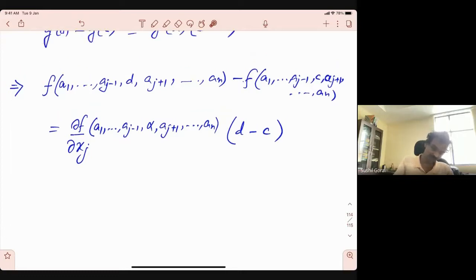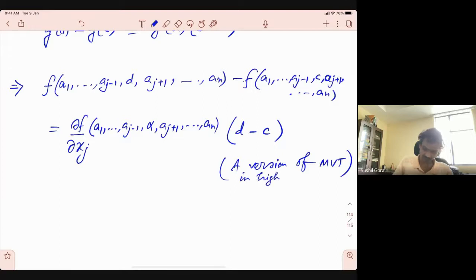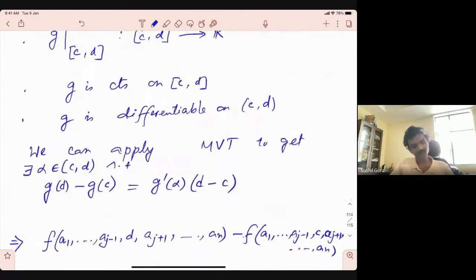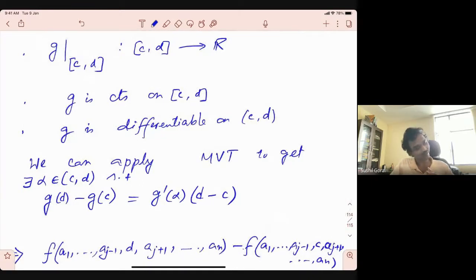So you can think of this as a version of the mean value theorem in higher dimension. With respect to one single variable, Rolle's theorem or whatever theorems you have proved there are valid. Whatever you've learned in real analysis will come up here in each variable.